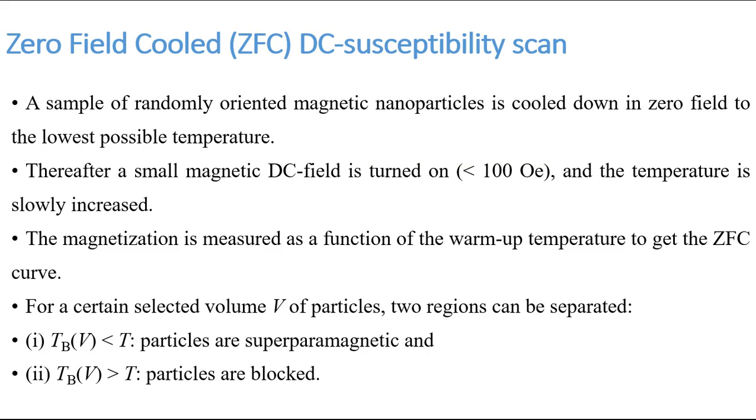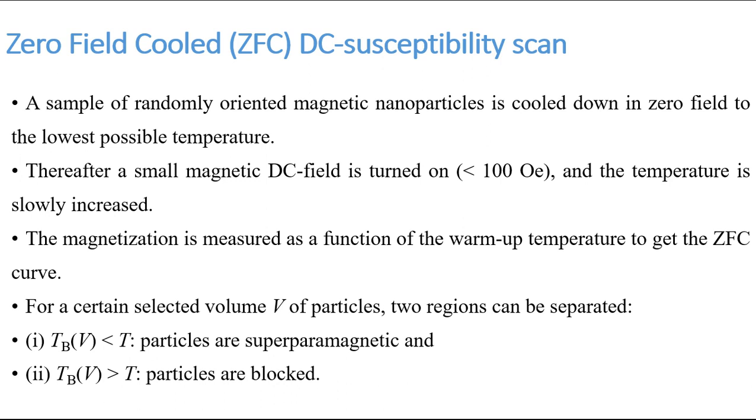So we can have two types of low field susceptibility. One is the zero field cooled DC susceptibility. We understood it in the previous lecture.